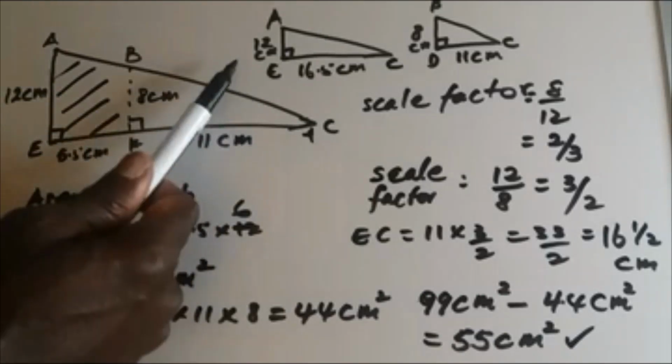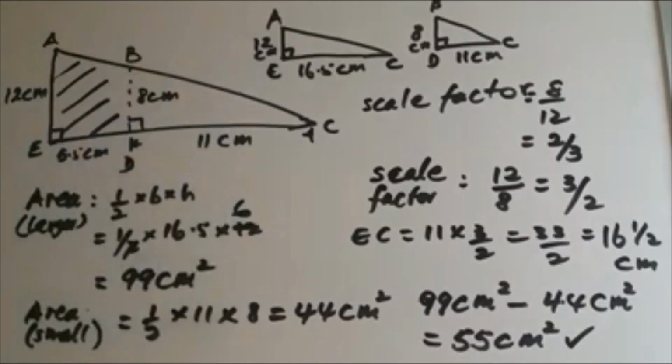We found the necessary sides of each triangle, and we were able to find the areas of the large and small triangle and subtract the small from the large to get 55 centimeters squared.